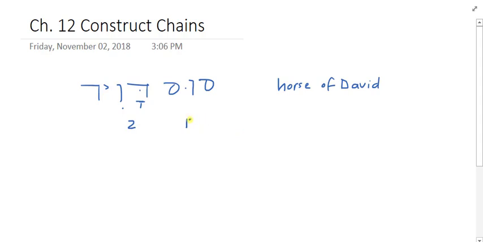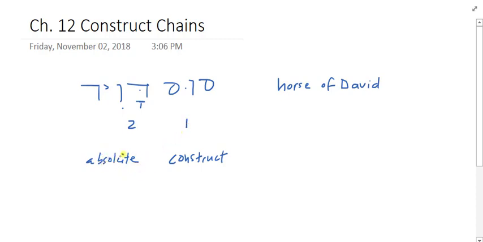And I want to give you a vocabulary for how grammarians describe these sorts of construct chains and nouns. So we can call noun 1 the construct noun. All right. And thing 2 is called the absolute noun. Now, when we have an absolute noun, what we actually have is the lexical form.